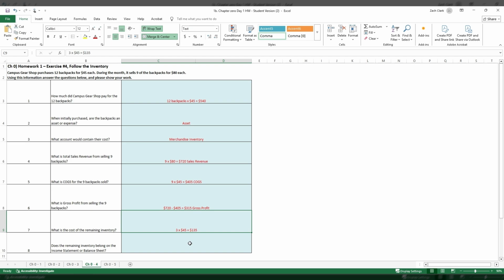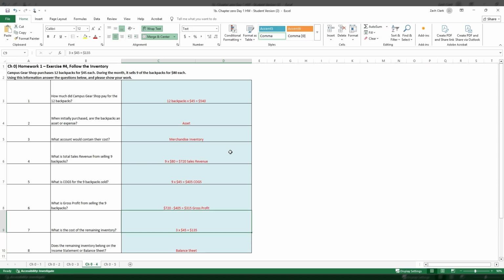And like we talked about in exercise number 1, the only thing that goes on an income statement is revenues and expenses. Revenues minus expenses equals net income. So the balance sheet is going to be our spot. And if you want to think of what is on the balance sheet, think of the accounting equation: assets, liabilities, and equity. This remaining inventory that we have is as of yet unsold and would be, as we mentioned previously, an asset on the balance sheet.